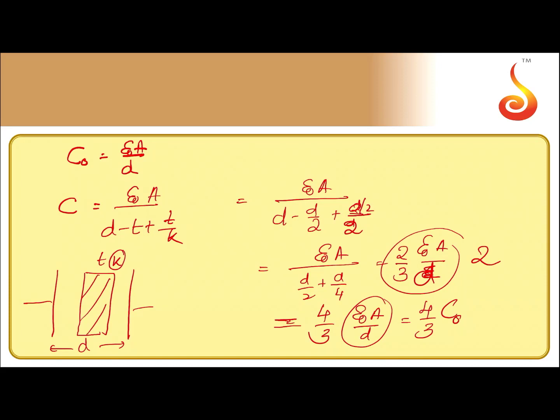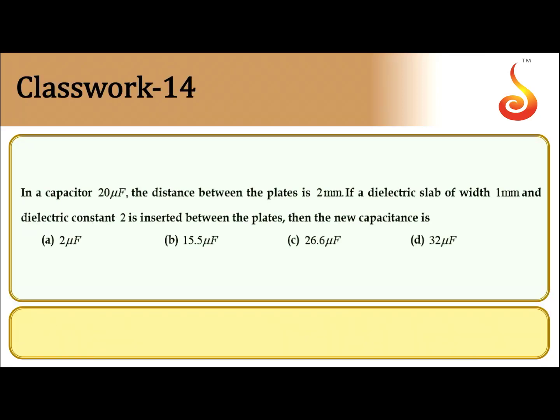You know the initial capacitance. Initial capacitance is how much? That is 20 microfarad. So this is nothing but 80 by 3 microfarad. You know the value of 80 by 3. 80 by 3 is 26.6. So the capacitance is 26.6 microfarad.